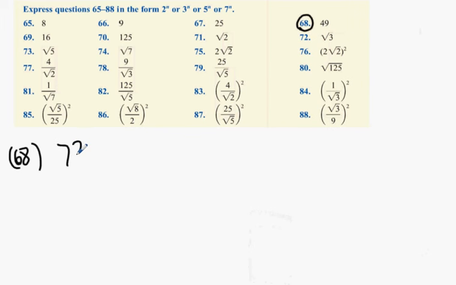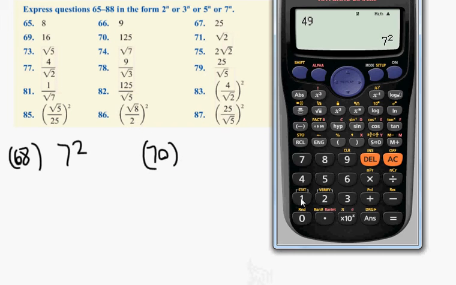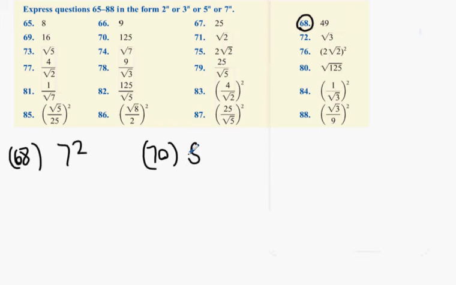So, I'm going to go to number 70, and I'm going to go, 125, shift, factorize, 5 cubed. No bother either.